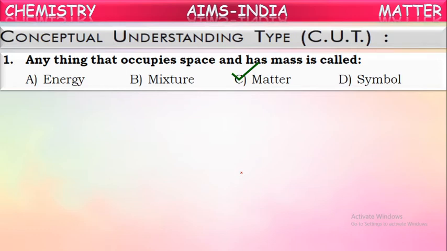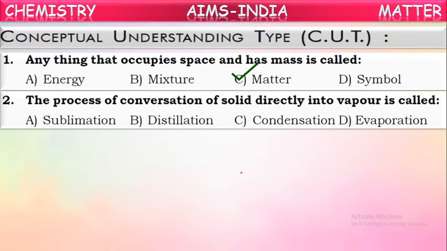The process of conversion of a solid directly into vapor is called what? Yes, certain solid substances can be converted directly into gaseous state. That phenomenon is called sublimation. Substances which convert directly from solid state to gaseous state are called sublimable substances.